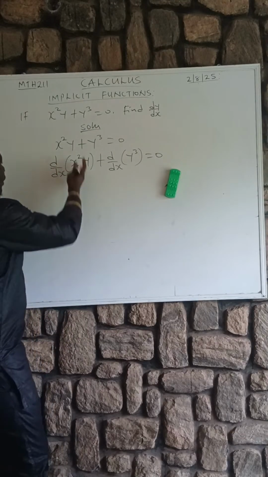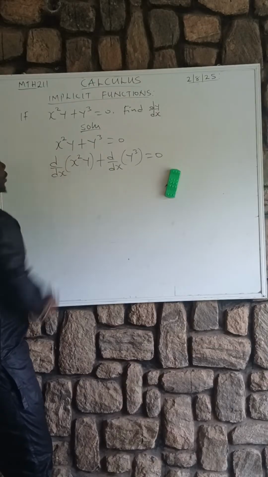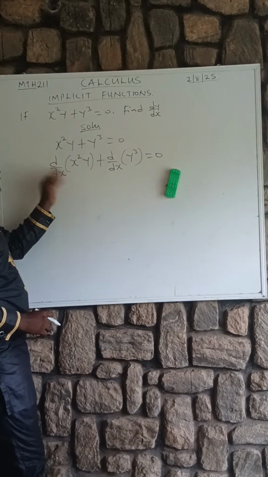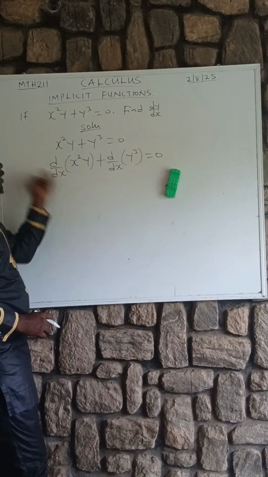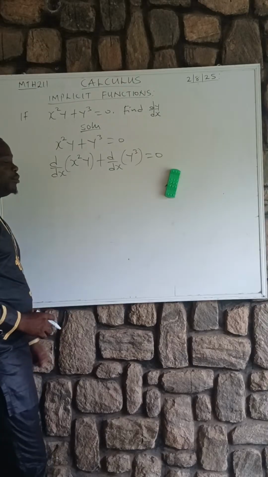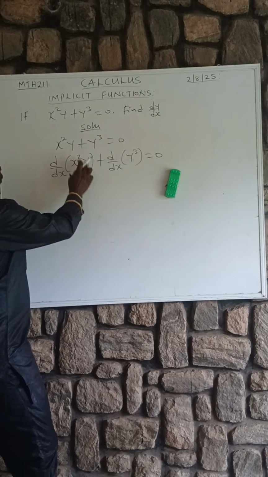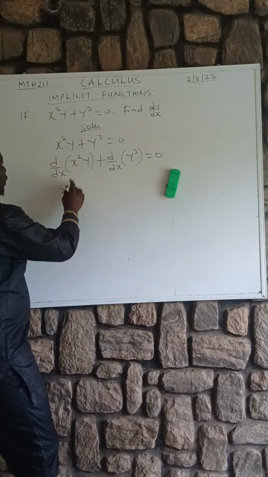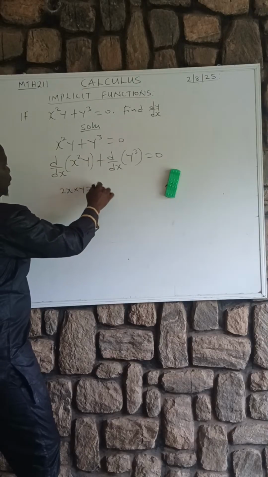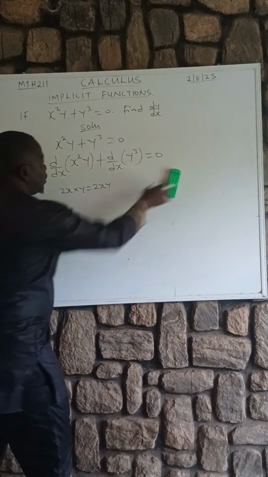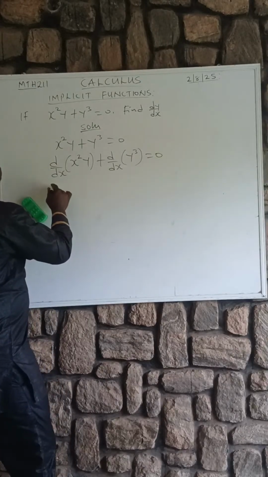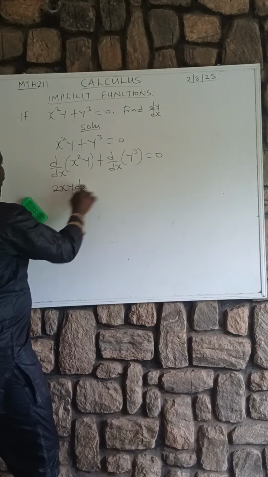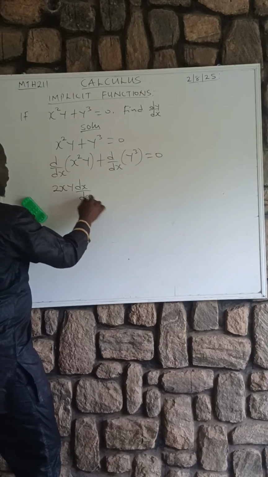We have two functions here, x and y. So which one are we going to hold first? We differentiate one, then use it to multiply the one we hold, then differentiate the other one. If we differentiate x squared, we have 2x, so 2x times y will be 2xy dx, because we differentiated for x.